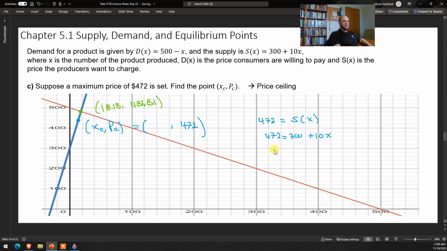Now we can do the subtraction. 472 minus 300 gives us 172. And now we can divide by 10 to get 17.2. Which ideally we could think of as the point 17.2, 472.